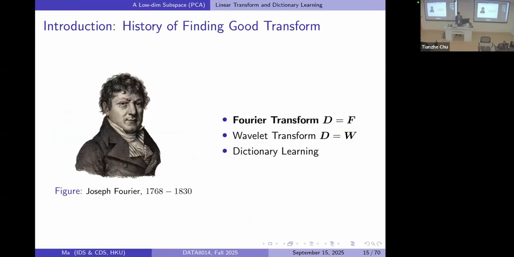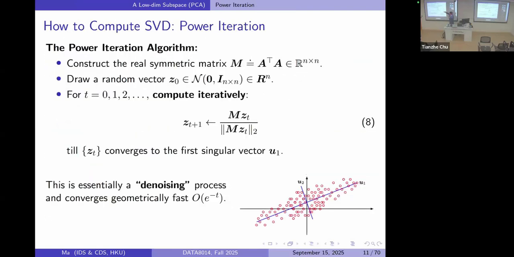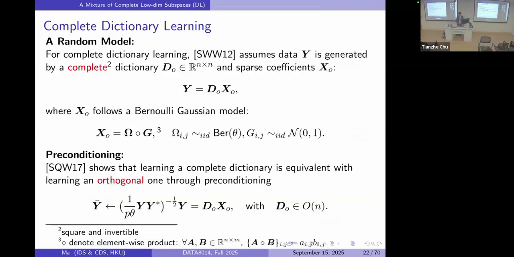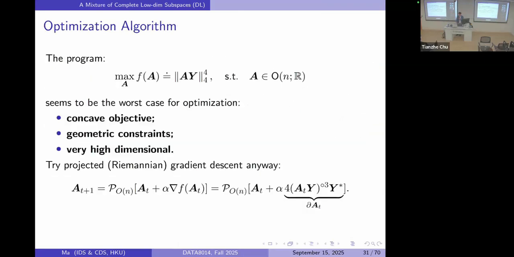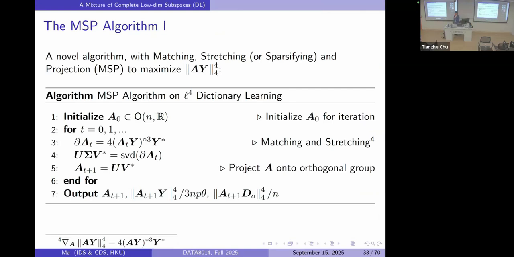When do we stop updating? When Z_t equals Z. It's also a fixed point algorithm, where both sides are equal: converge to the fixed point where Z_{t+1} equals M Z. Also, this is a power iteration. It's a contractive map, and it's actually very, very powerful. We'll talk about this in a second.